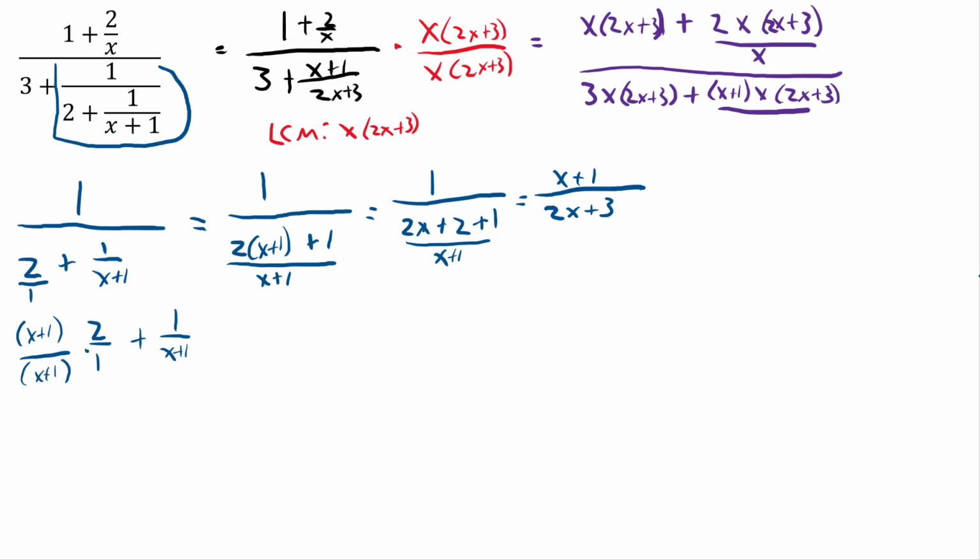And all of that is over 2x plus 3. So now you should be able to see some things that are going to cancel out here for us. There should be quite a few things that cancel out.